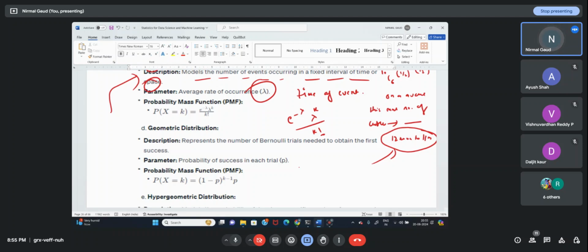Here you have mentioned time, a 1 hour slot. In this 1 hour, on an average, how many customers are going to visit? So we can apply Poisson distribution.